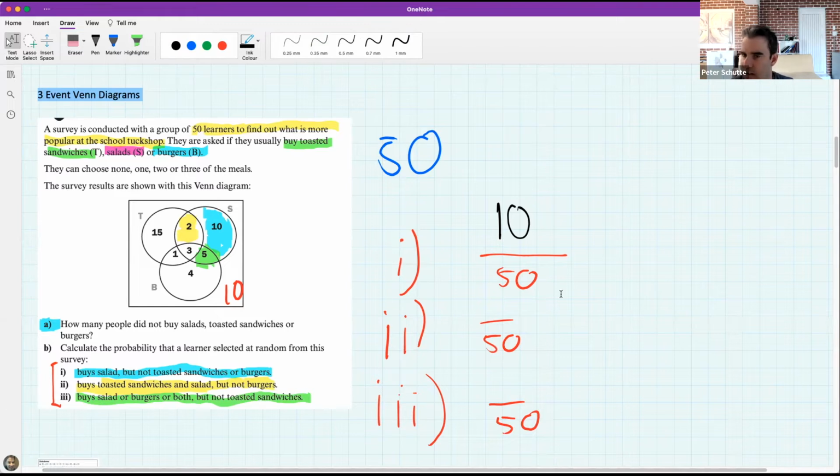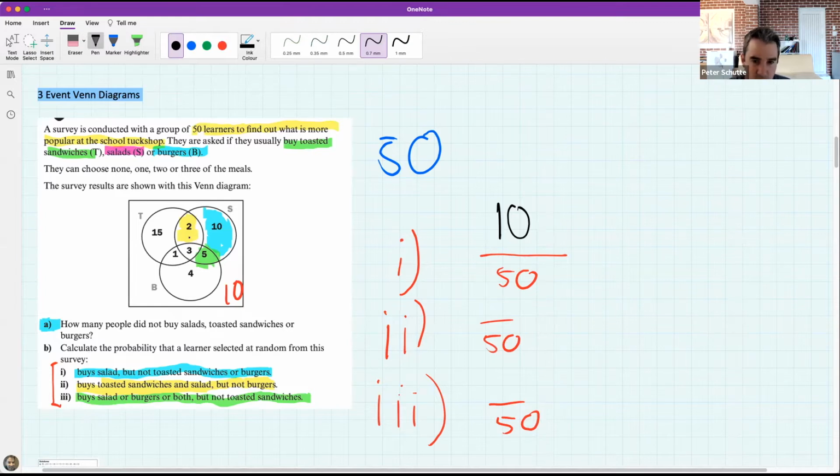Keep those answers coming, ladies and gentlemen. Okay, so for the first one, salad, but not toasted sandwiches or burgers, it's definitely 10 out of 50. For 2, buys toasted sandwiches and salad, but not burgers.